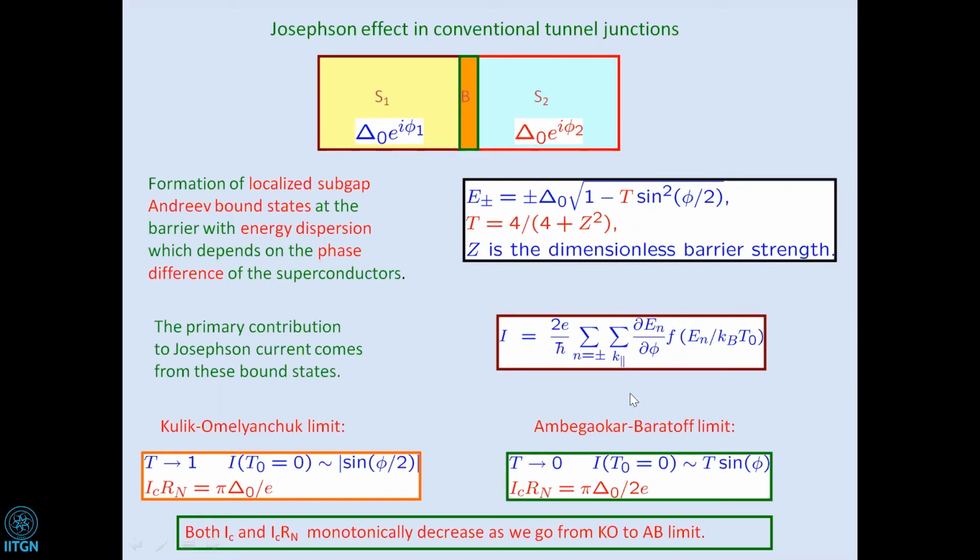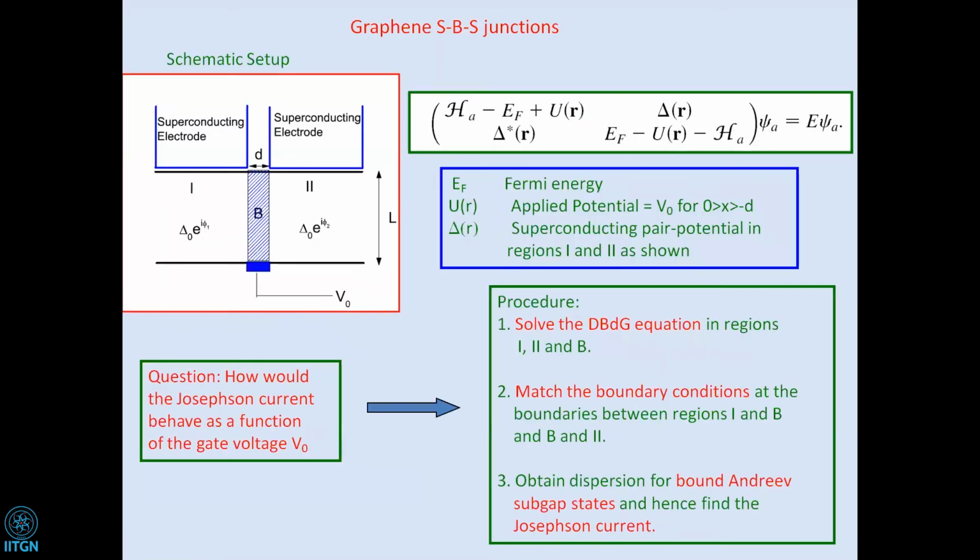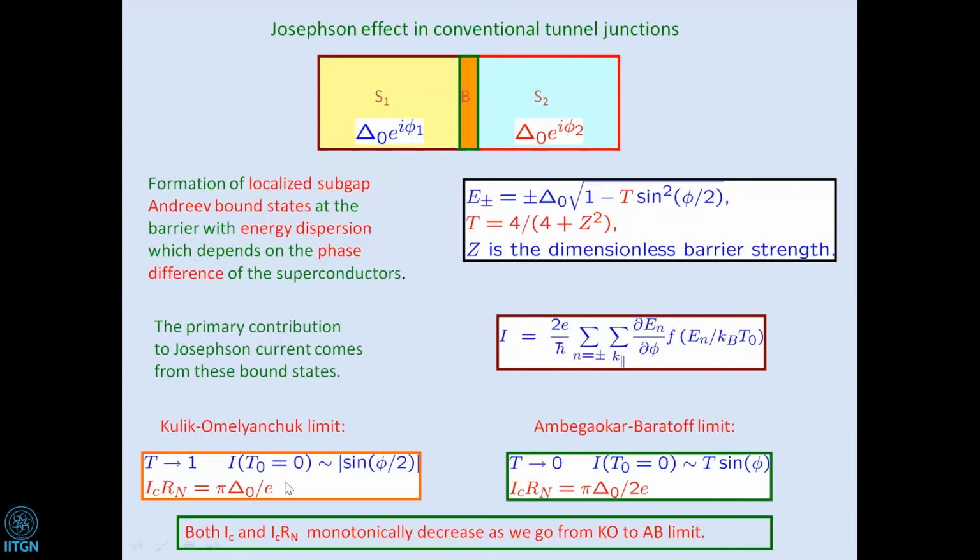Typically, as you go from the Kulik-Omelyanchuk limit to the Ambegaokar-Baratoff limit, with a decrease of T and an increase of Z, you find that the critical current of this junction, which is the maximum current that this junction can have, as well as the current in general, is a monotonically decreasing function of the barrier strength.